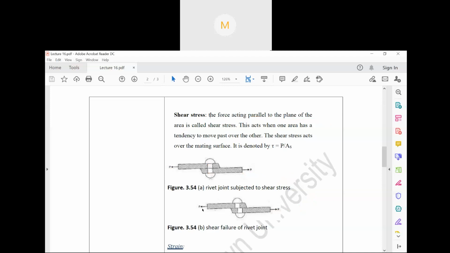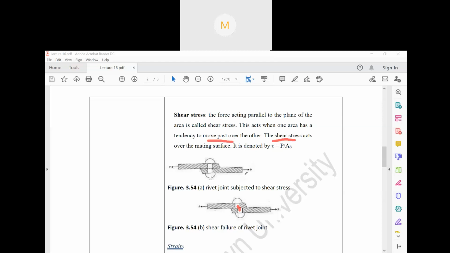Look at this deformation of the figure in the second figure, 3.54. It gets deformed, right? If this gets deformed, then eventually this is experiencing shear force. So shear stress means the stress that is applied on a body which has a tendency to move past one another.